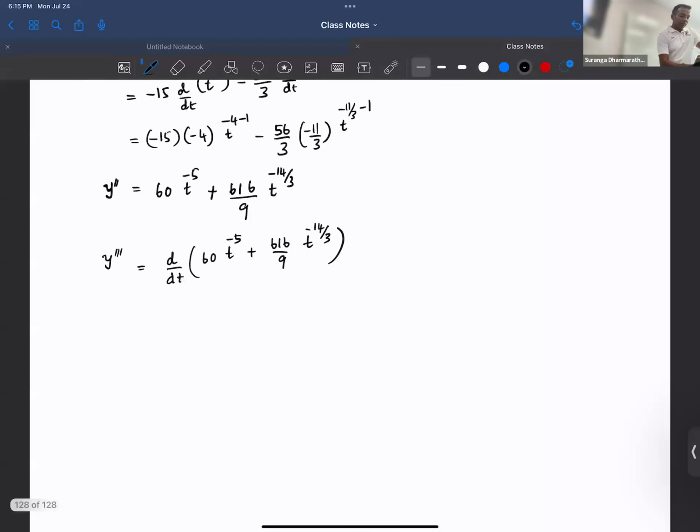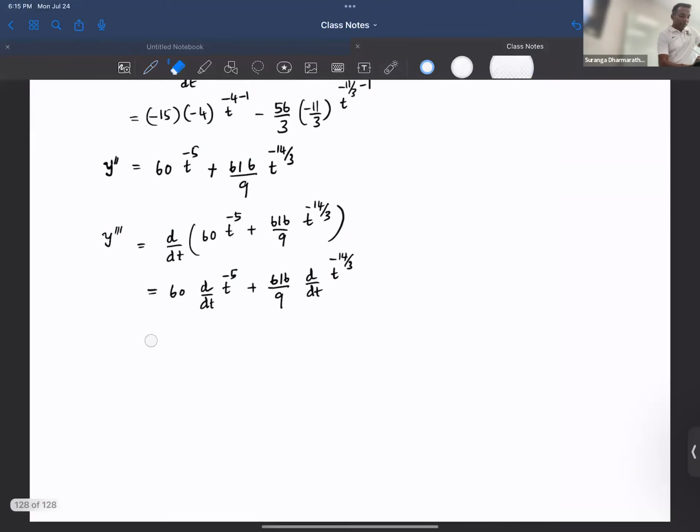Keep your attention here, right? And then you can do the addition rule again, or summation rule. You can pull the 60 out, and then take d over dt of t to the power negative 5, plus 616 over 9 times d over dt of t to the power negative 14 over 3.